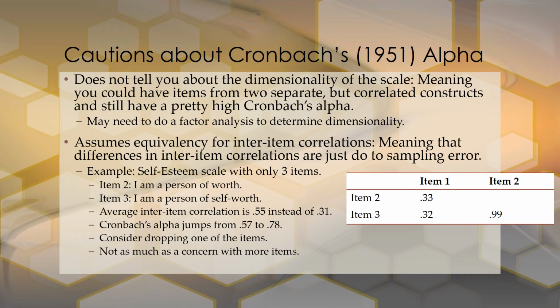Say we have items about job satisfaction and life satisfaction on the same scale. You calculate Cronbach's alpha and it's actually high. That's because job satisfaction and life satisfaction are going to be correlated with each other, so their items will be correlated with each other. But that doesn't mean that these items should be on the same scale.